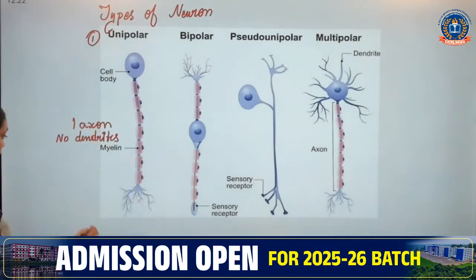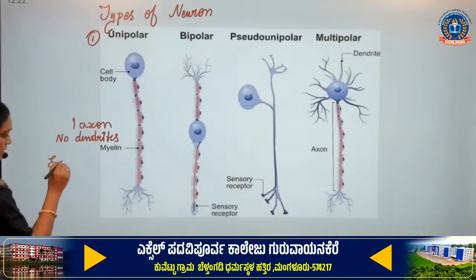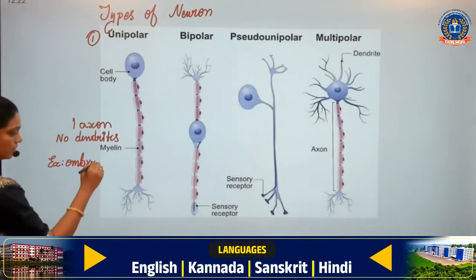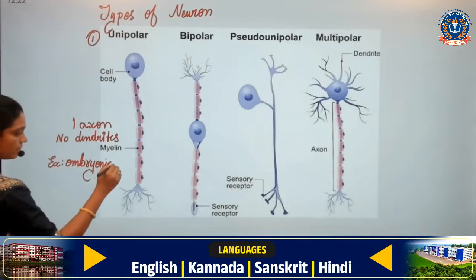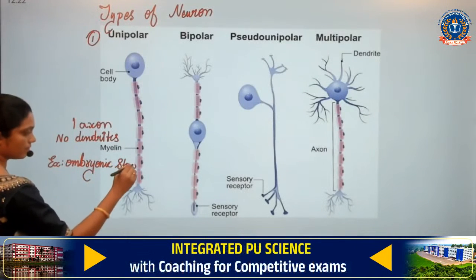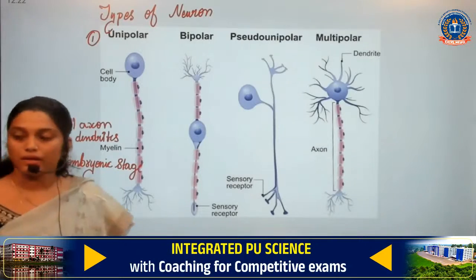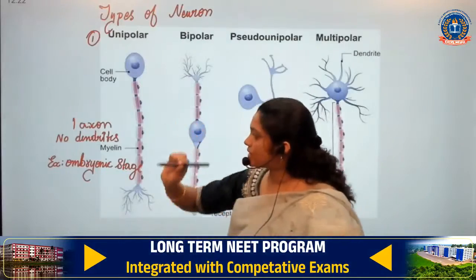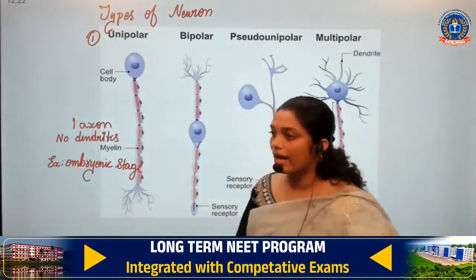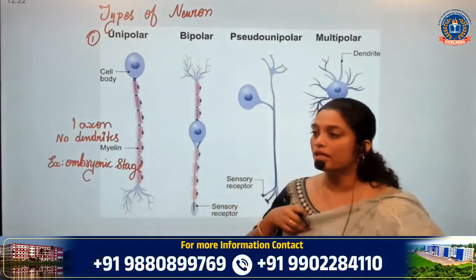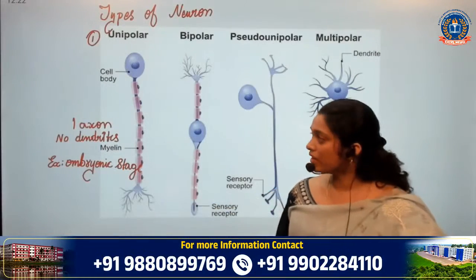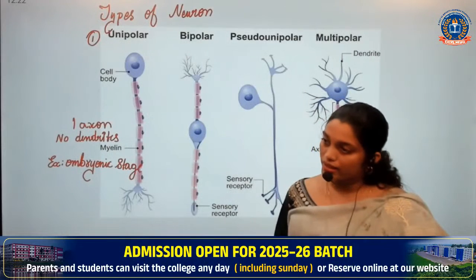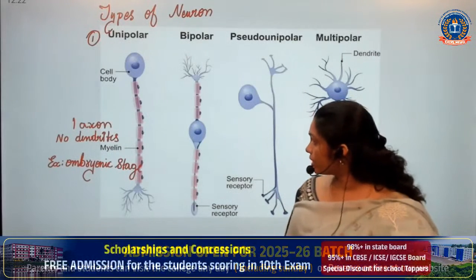These are found in the embryonic stage. There are no dendrites, a cell body is present and we have a lengthy axon with axon terminal region. Very good. Shall we move to the next one?